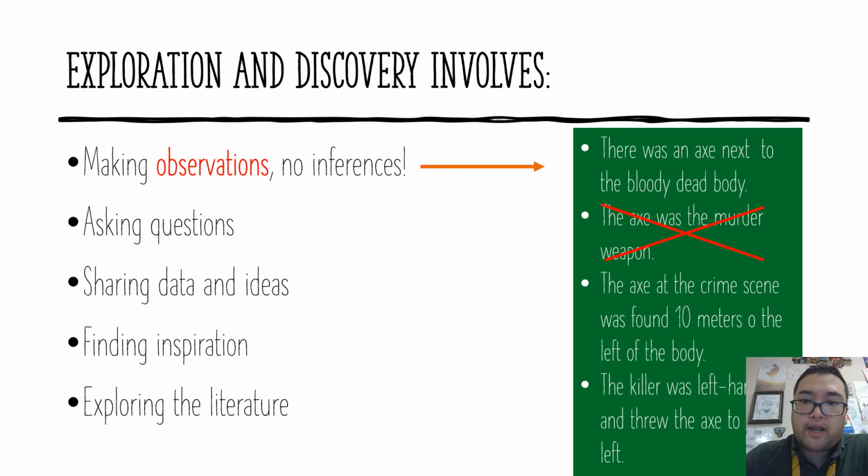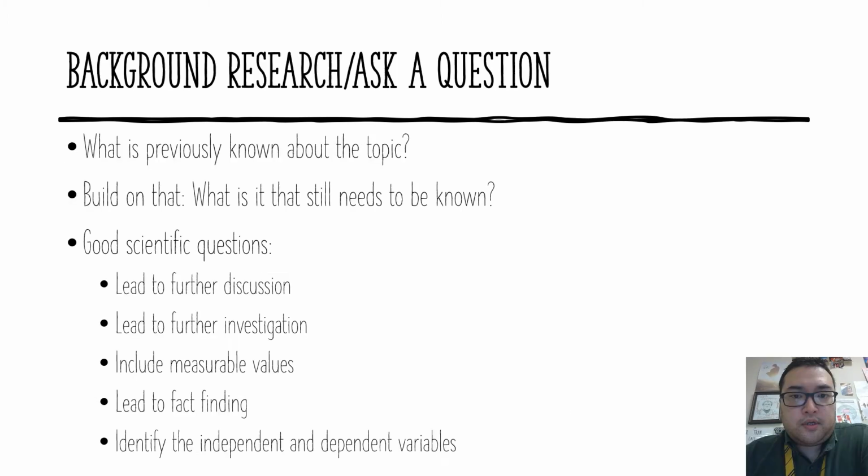Okay, he could be right-handed, who knows? That is considered an inference. Using details, we draw a conclusion from that, and that should never happen in the exploration and discovery portion of the scientific method.